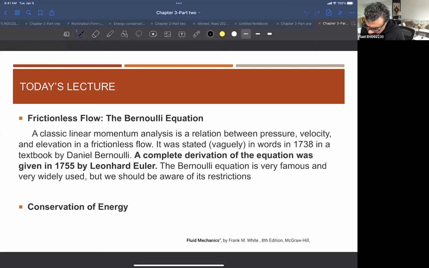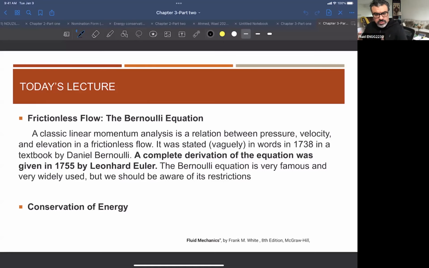The complete derivation of this equation was given by Leonhard Euler, and that's why the Euler equation is the first integral form of this Bernoulli equation, right?